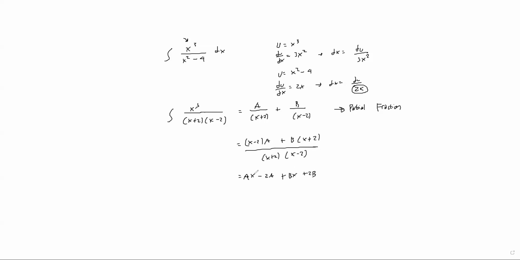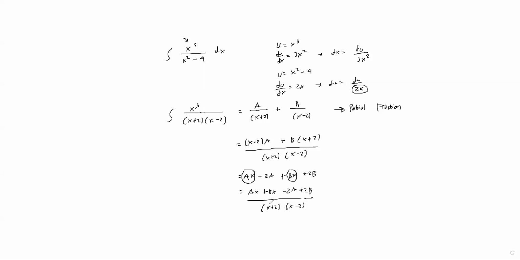The next step is to group the x terms and the constants together. The terms with x are ax and bx, and the minus 2a and 2b are the constants. So we end up with ax plus bx, and then minus 2a plus 2b, over bracket x plus 2, x minus 2.